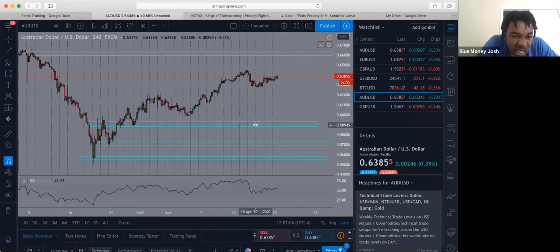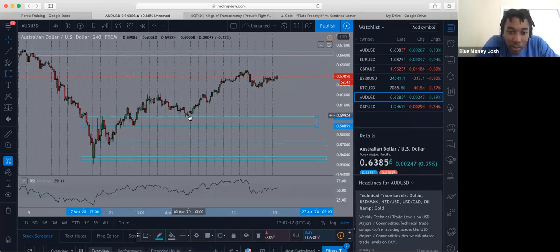Let me do a little. Nah, I like this actually. The minor zones can be a little bigger, because I want to get each of these touches plus this rejection and this rejection. So maybe like that. Yeah, that's good.